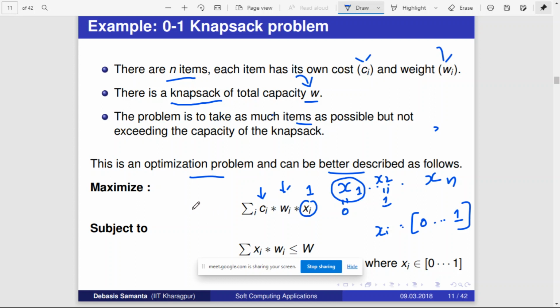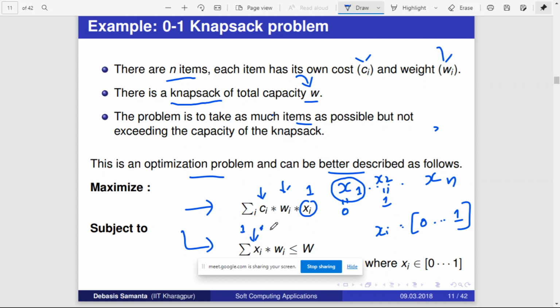So this is the problem, and the objective is to maximize the cost. And there is a constraint: the overall weight should not exceed W. xi will be 1 only for those items which the thief is taking, and the remaining will be 0.